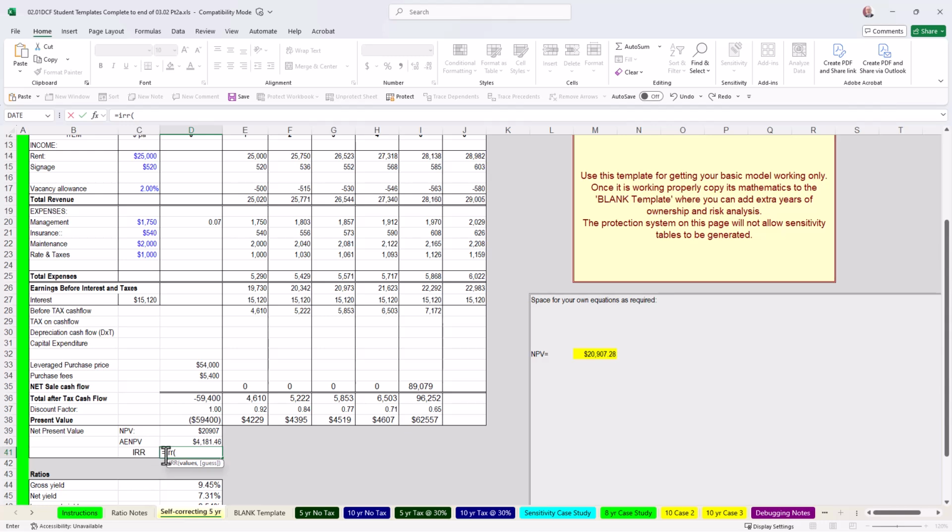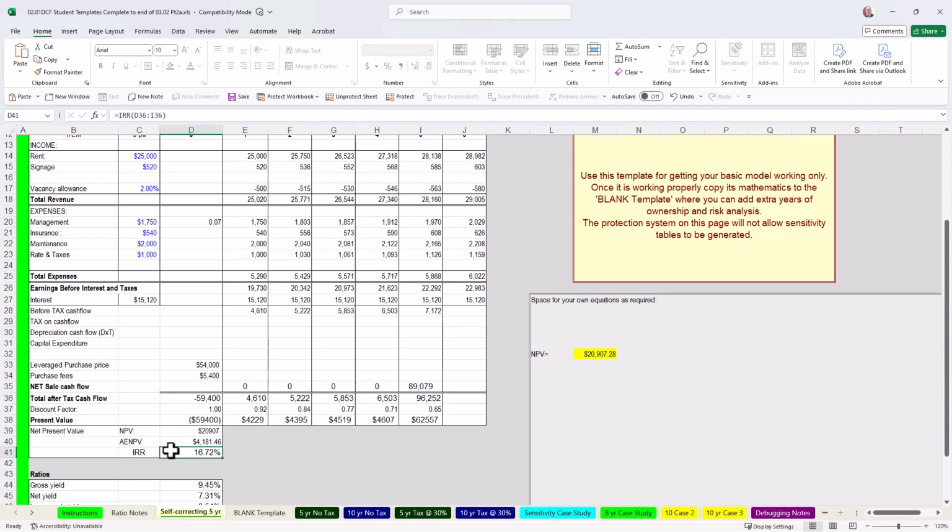There is a trick to working out the internal rate of return for this model, and the trick is that the IRR is based on the future values. So the function is IRR, open brackets, the values running off in the future, close brackets, and there we are.